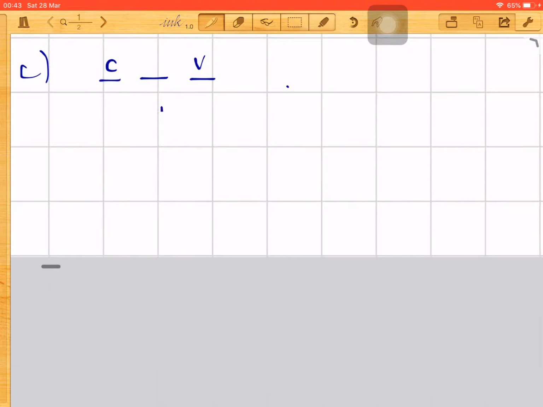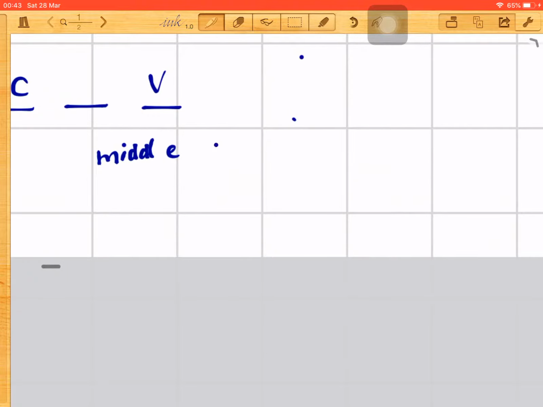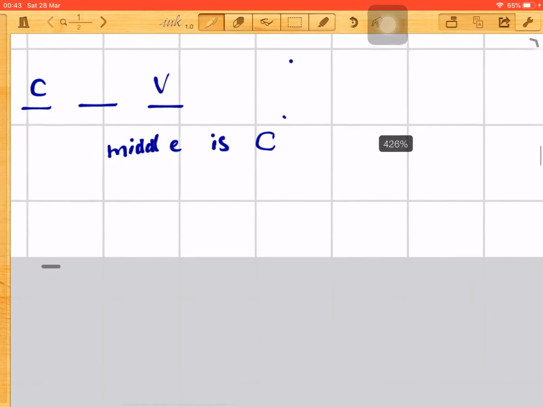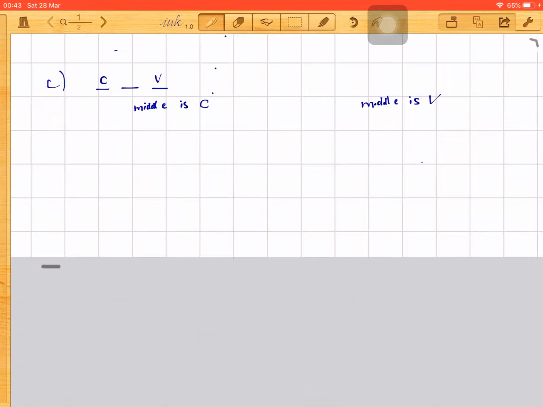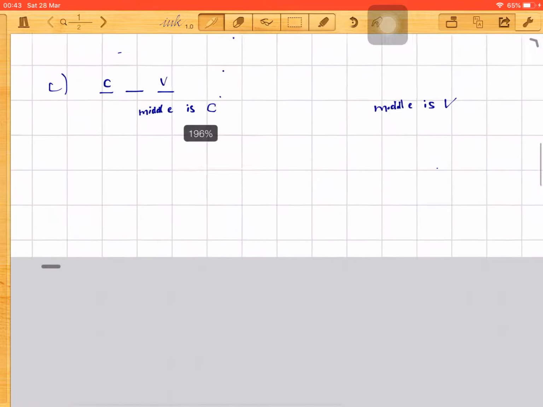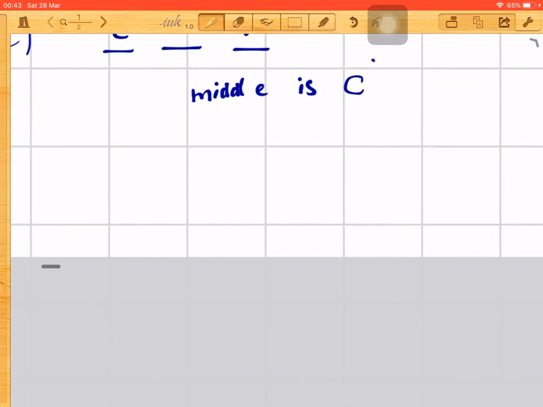If the middle one is consonant, and then you have to do middle is vowel. 2 cases. But between these 2 cases, you have to consider what if the 2 consonants are the same, and what if the 2 consonants are not the same.